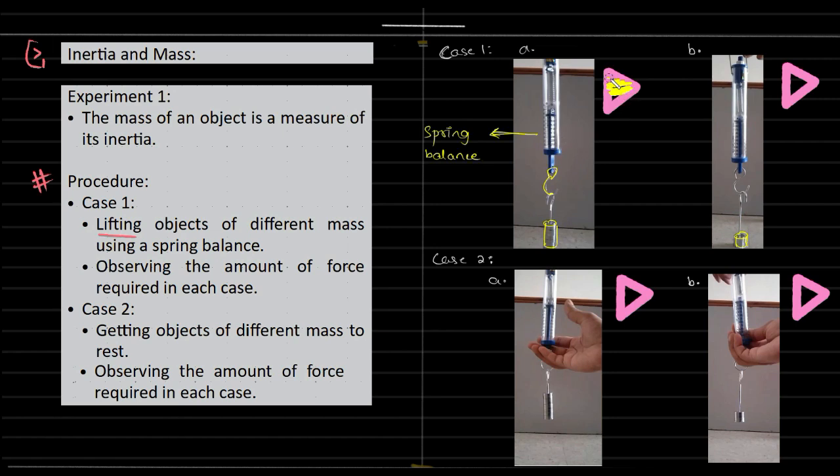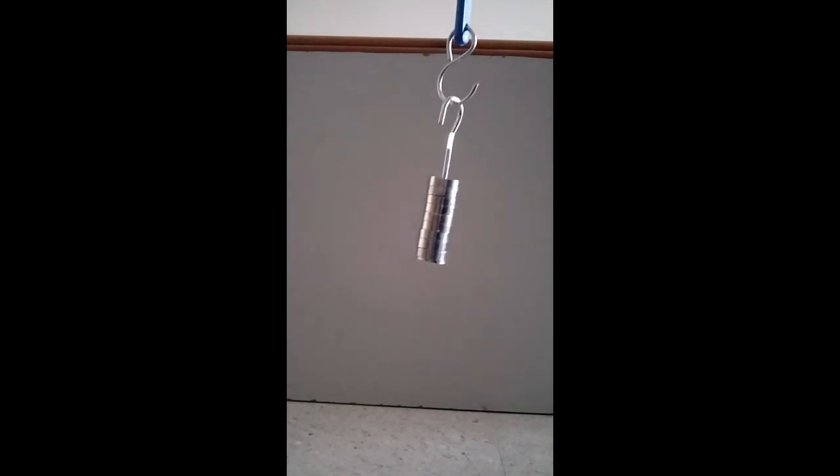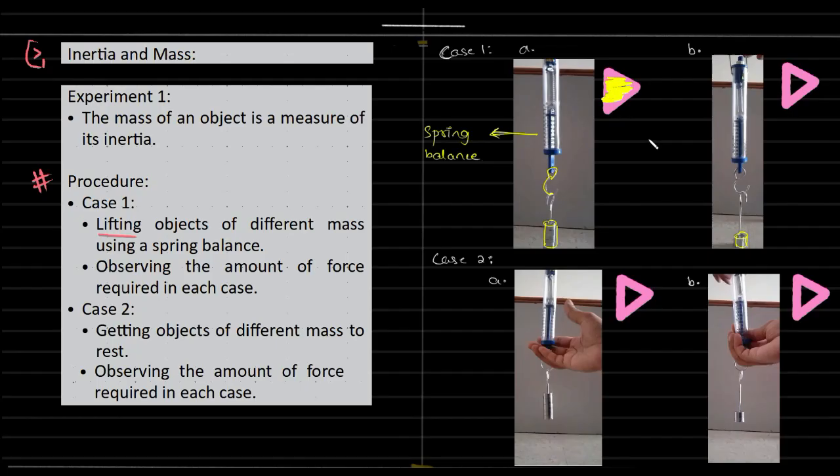Please have a look at this video. It came out till here, is it not? Almost till the bottom, right?